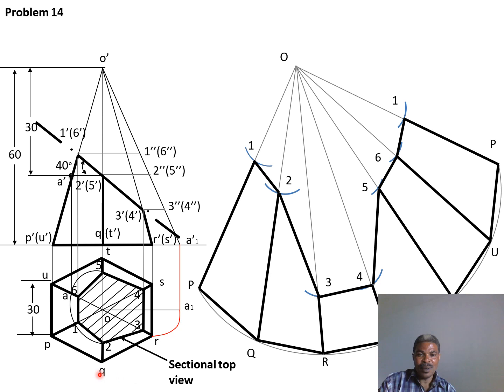After you have obtained the line of truncation, see now what has happened here. Because now we are in a position to project a line for our true line of slant edge.